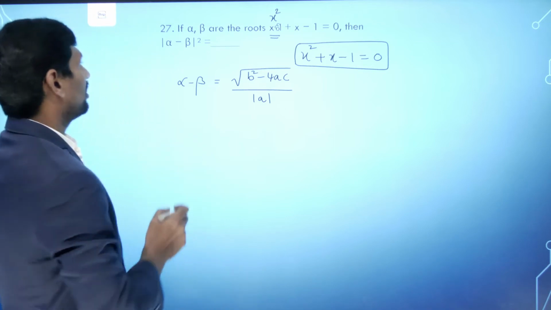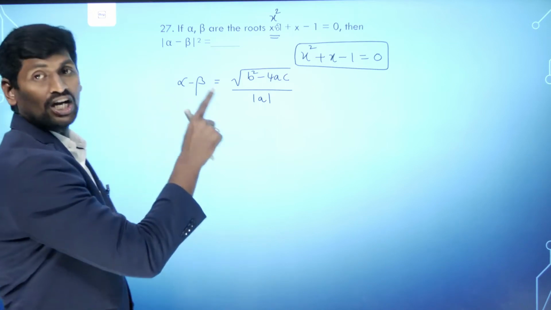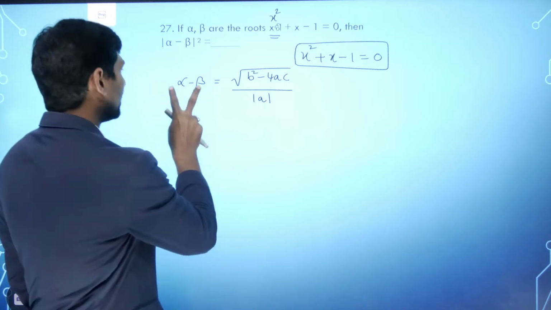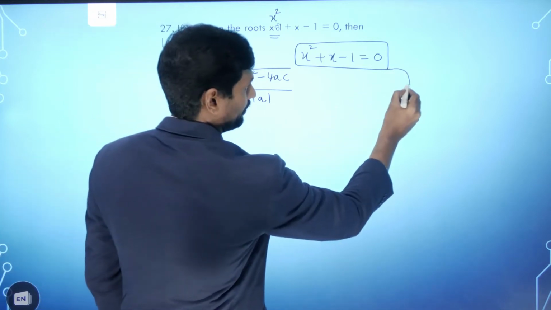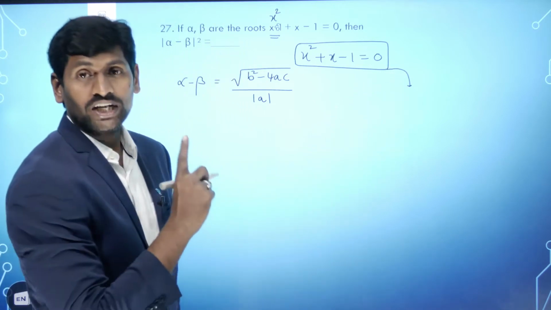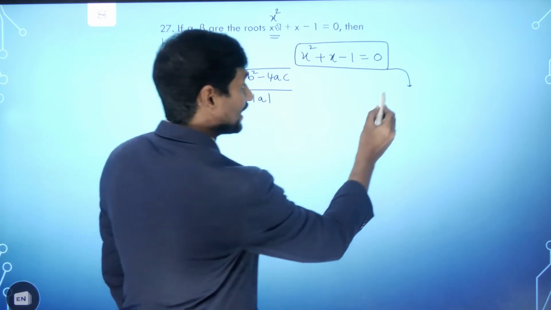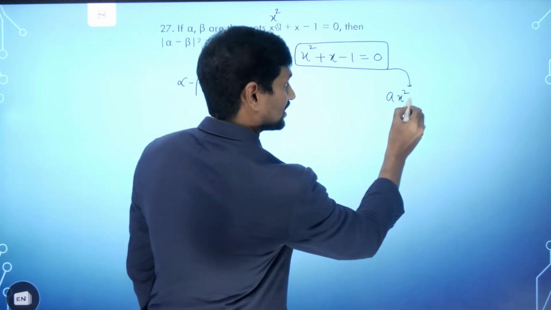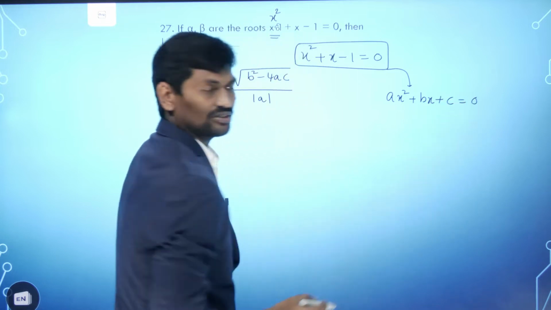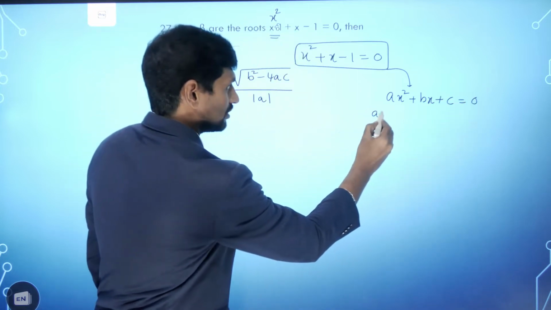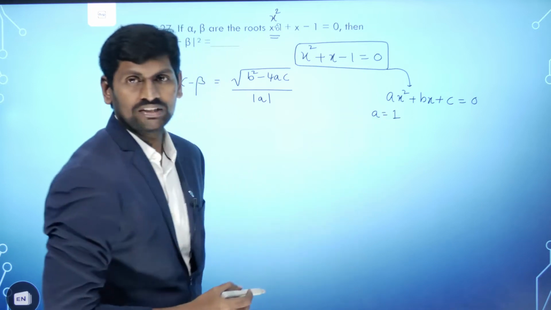Now we have to find this alpha minus beta whole square value. Let us find that alpha minus beta value first. That means I am comparing the given quadratic equation with the general form, ax square plus bx plus c equal to 0. A value is nothing but x square coefficient, 1.